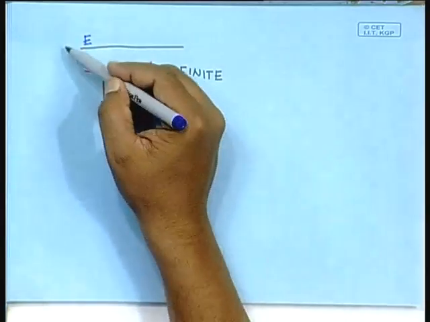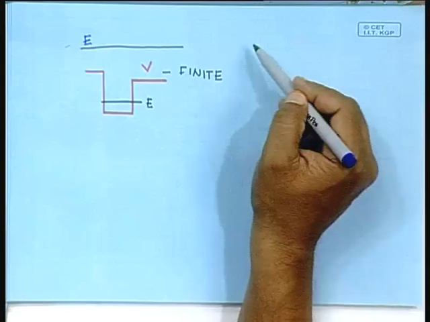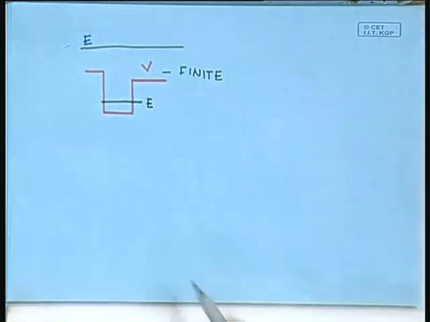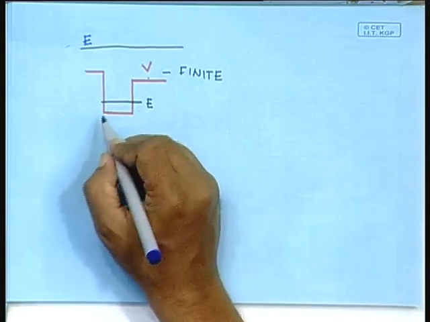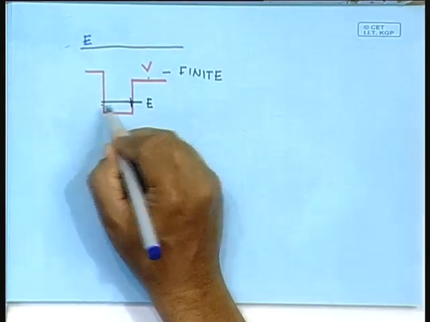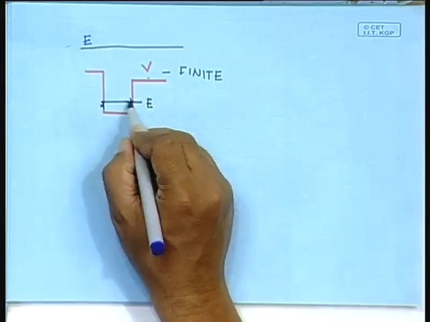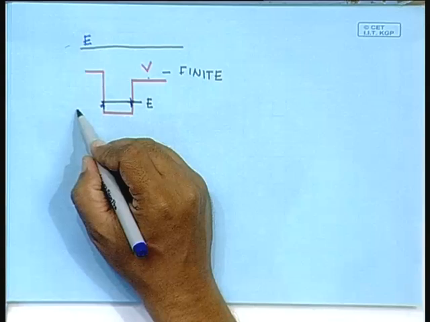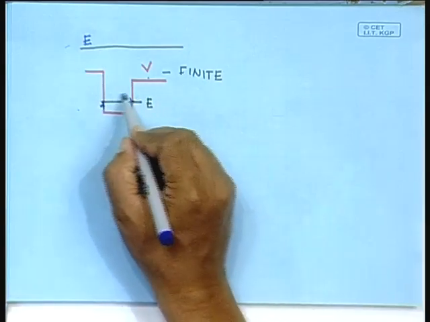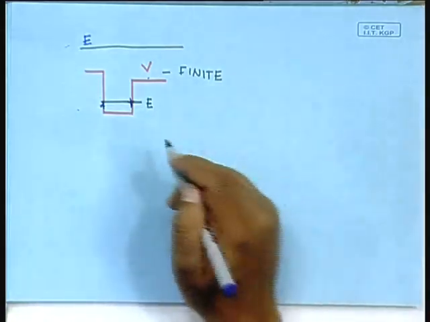the particle is in principle free to move over the entire range of x, whereas if the energy is less than the value of the potential outside, the particle is confined within the potential well. It is free to move here. If you apply classical mechanics, the particle is constrained to move only in this region. In quantum mechanics, there will be an amount of penetration, but still the particle is confined, and you always have discrete energy levels in such a situation.